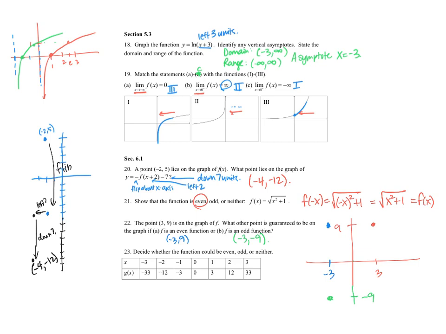Okay. And then I want to determine if the function is even, odd, or neither. So I feel like it's easiest to just graph it and see what we have here. Let's plot all these points. Okay, so we have 0, 0. That's easy. Then we have 1, 3.